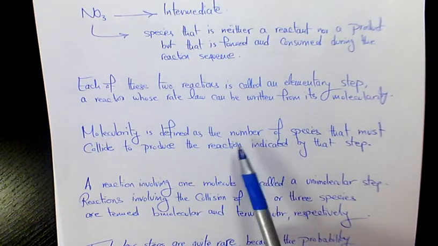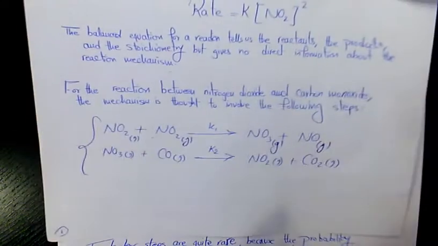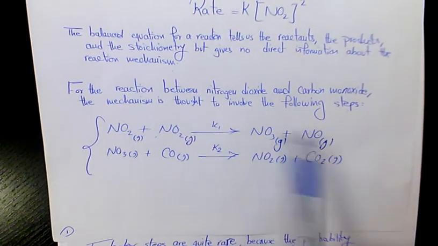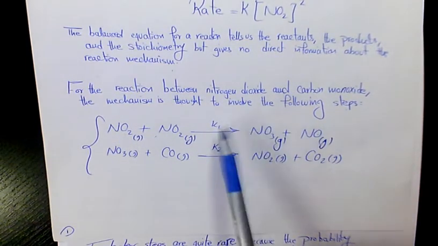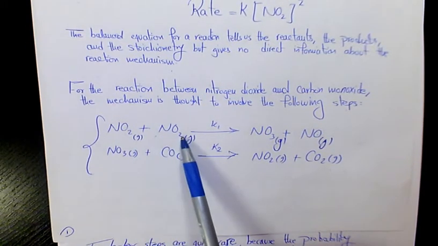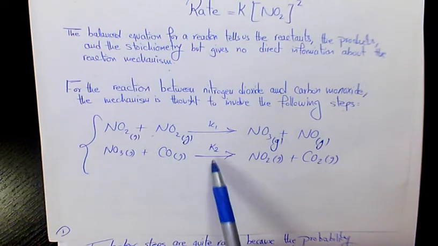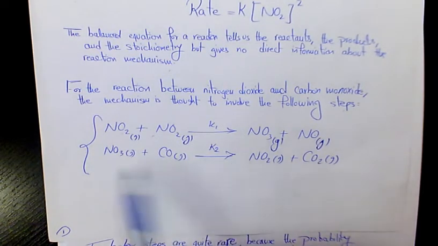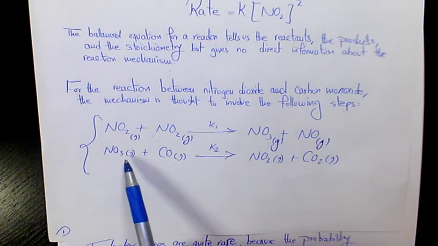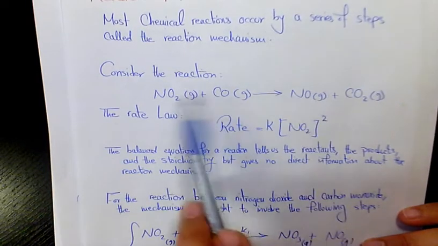To write a rate law based on molecularity, for the first step, the rate is equal to k1 times [NO2] times [NO2], or rate equals k1 times [NO2] to the power of 2. And the rate for the second elementary step is equal to k2 times [NO3] times [CO]. However, if you are dealing with an overall reaction, we cannot say such a thing.